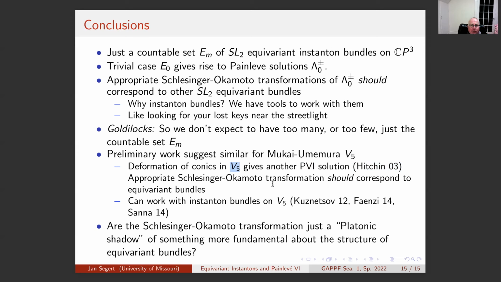Same idea, but you have to look at conics instead of lines to get the appropriate number of poles. So Hitchin found these Painlevé solutions. Now, just like in the P3 case, you're going to have Schlesinger-Okamoto transformations of these. The appropriate ones, the ones that correspond to the same monodromy, should correspond to new kinds of bundles. From the same argument, which actually seems to work in P3, you would expect a countable set of equivariant bundles here, at most one for any Chern number.